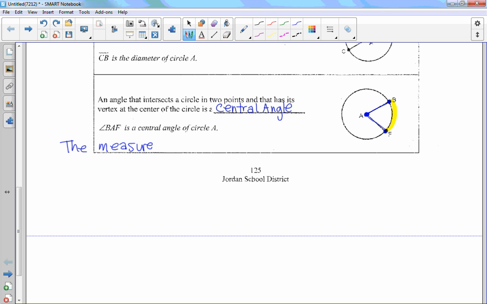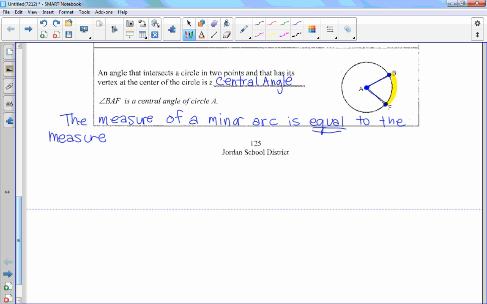The measure of a minor arc is equal to the measure of its corresponding central angle. It goes on the bottom of that front side of your packet.